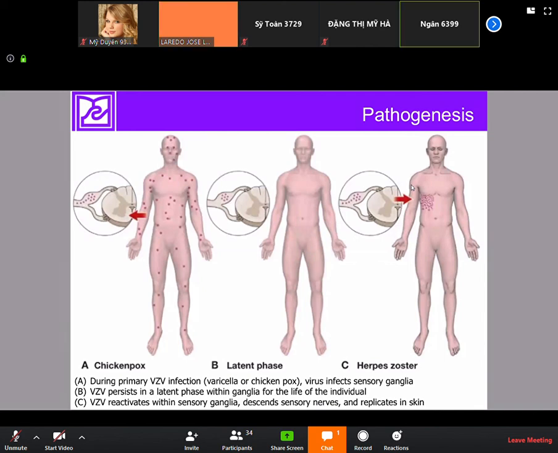We will study the same in the next class when we talk about human herpes virus type 4 and type 5, and when we study hepatitis B. The principle is the same. It depends on the T cell response. Thank you. More questions?